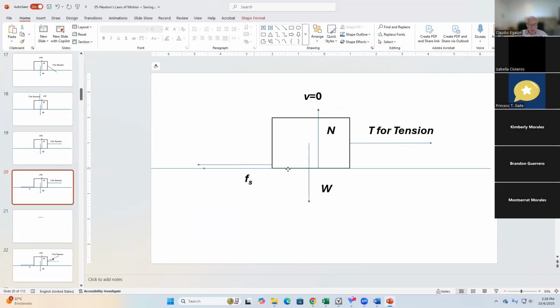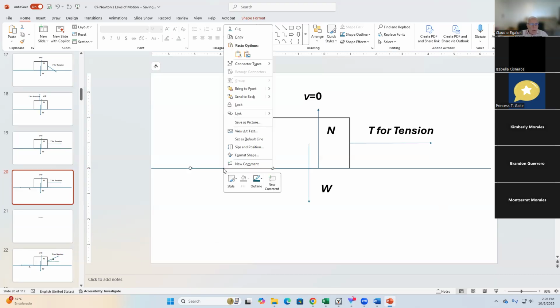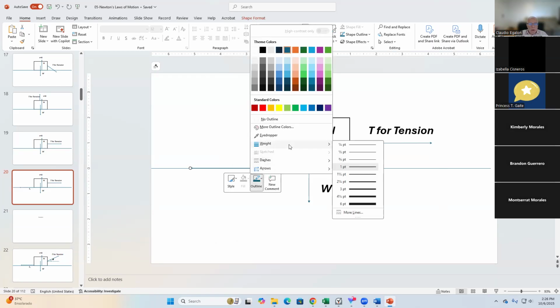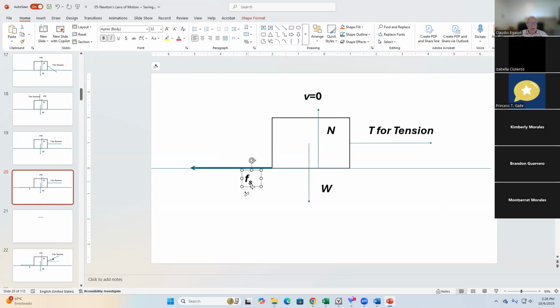And I made sure that this force of static friction must have the same length as the tension, just to make it realistic enough. This force of static friction actually occurs right here at the surface, between the object and the surface itself. Let's make it thicker. Yeah, better. Force of static friction.